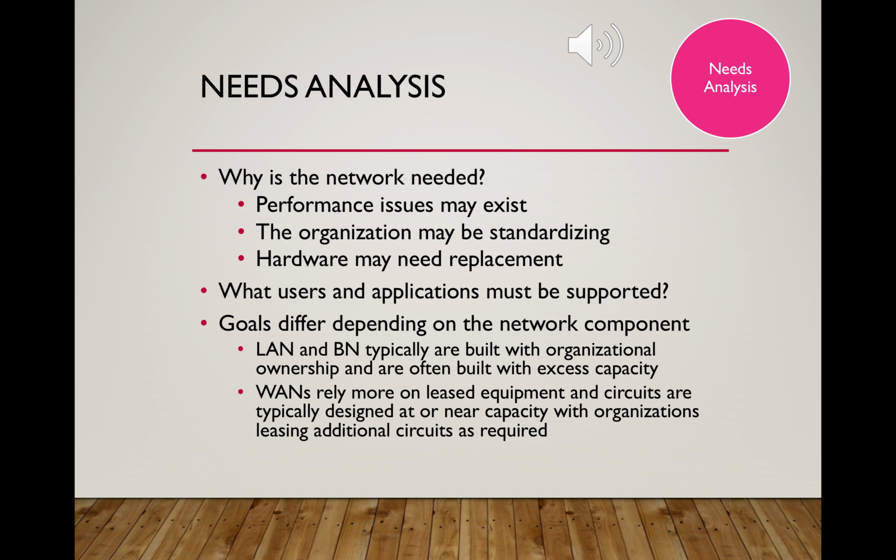You know, for Albertus locally to set up a net mask of 255.255.40.0, I believe it is, they have plenty of expandability there, whereas that's more space than, like I said, they're ever going to use, but that comes free to them. There's no cost there. However, when you're leasing equipment and you're leasing bandwidth, cost is going to be involved. So the goals can differ depending on the network component.